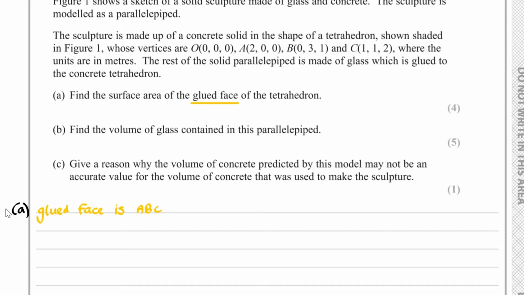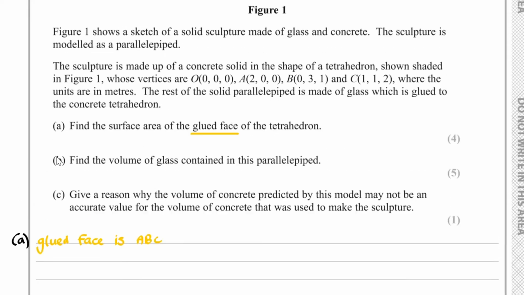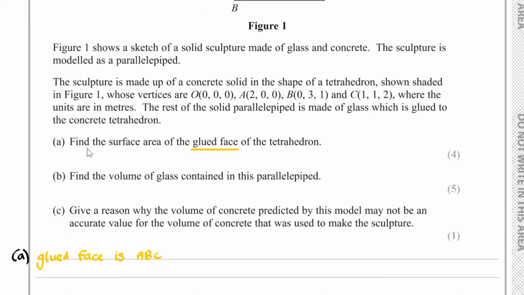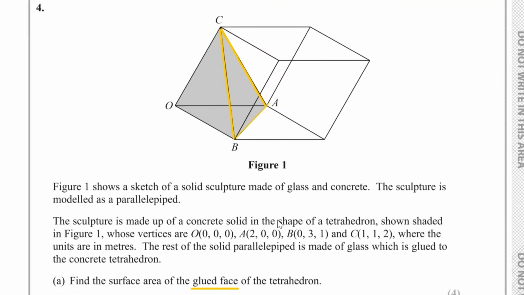And with that, we can find out the area of the triangle ABC. And it's quite a straightforward process. First of all, let's add on these coordinates of A, B and C. We've got A with coordinates 2, 0, 0. We've got B with coordinates 0, 3, 1. And we've got C with coordinates 1, 1, 2. Okay.